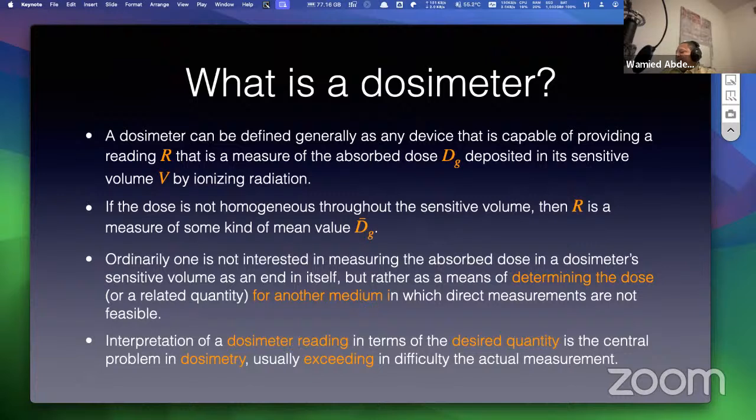But if we bring a film, things are different. Before radiation is exposed, the film has a certain transmission, and after radiation, this transmission changes. So there has to be a quantity that changes, and then we read that quantity. If we can read that quantity, then that's a dosimeter.